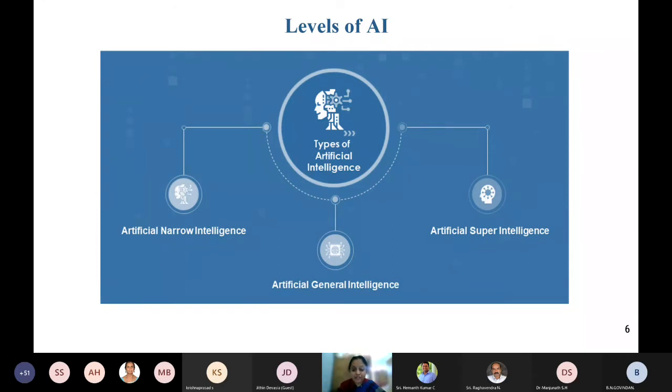All right. The next thing is general intelligence. When I say general intelligence, it can do more than one task, maybe 2 to 3 tasks put together. Let's say it is able to recognize the face and take a decision. It is also able to understand speech. Through voice, you're giving a password, and it is still able to understand that.